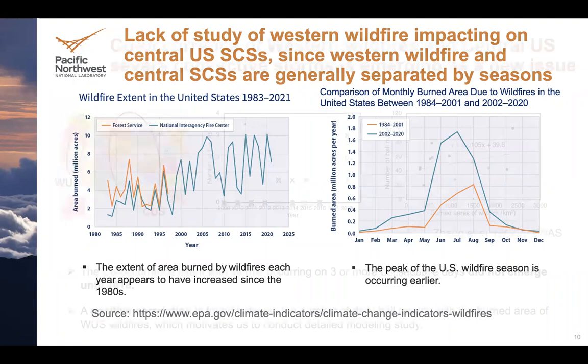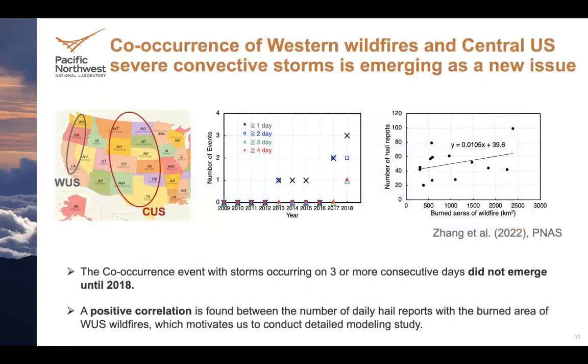And we further look at the concurrence of the Western wildfires and the central U.S. severe convective storms. We looked at the years from 2009 to 2018, and the region we focus on is Washington State, Oregon and California as the Western wildfire region. And for the central U.S., we select these 10 states.